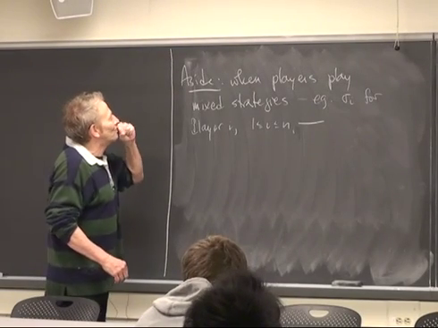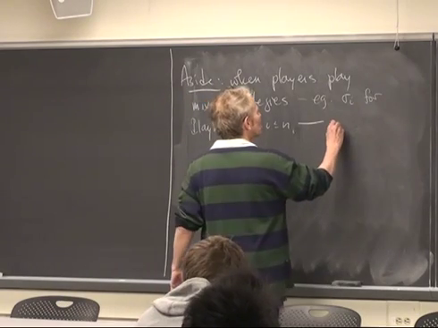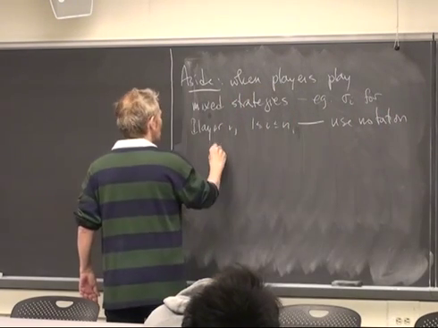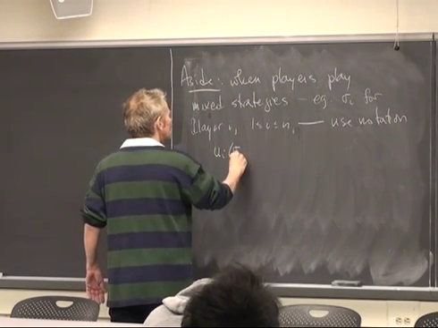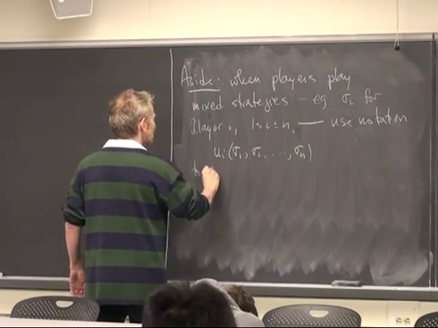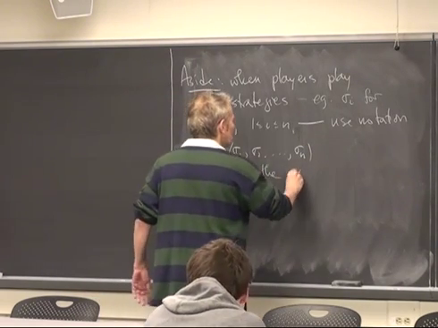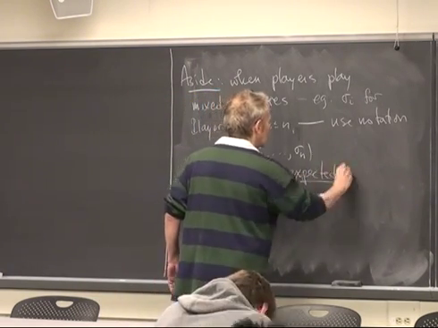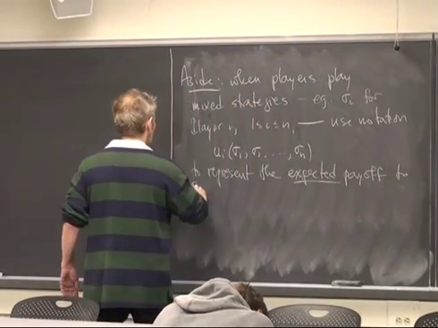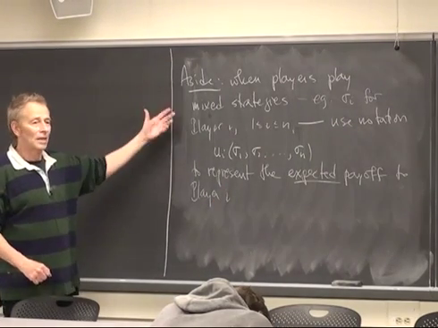Okay, so anyway, when players are playing mixed strategies, we use the notation U sub I of sigma 1, sigma 2 through sigma n to represent, and this is a slightly abusive notation, the expected payoff to player I when the game is played.